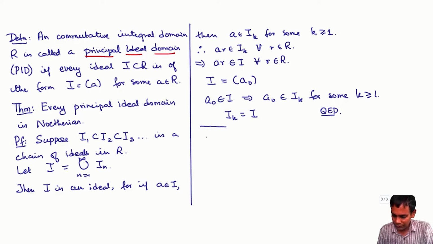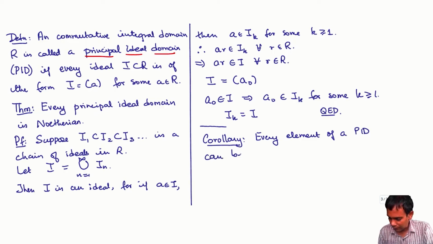So what we can say from this and what we discussed earlier, as a corollary, is that every element in a principal ideal domain can be written as a product of irreducible elements.